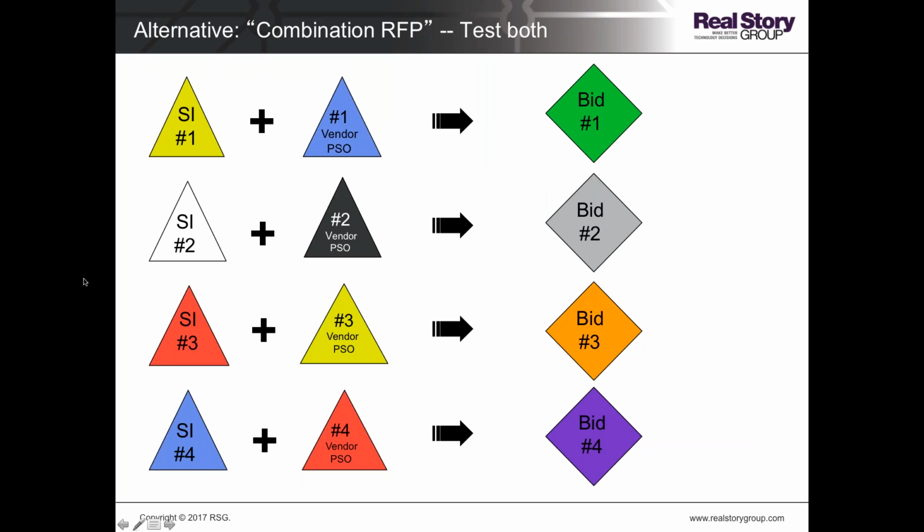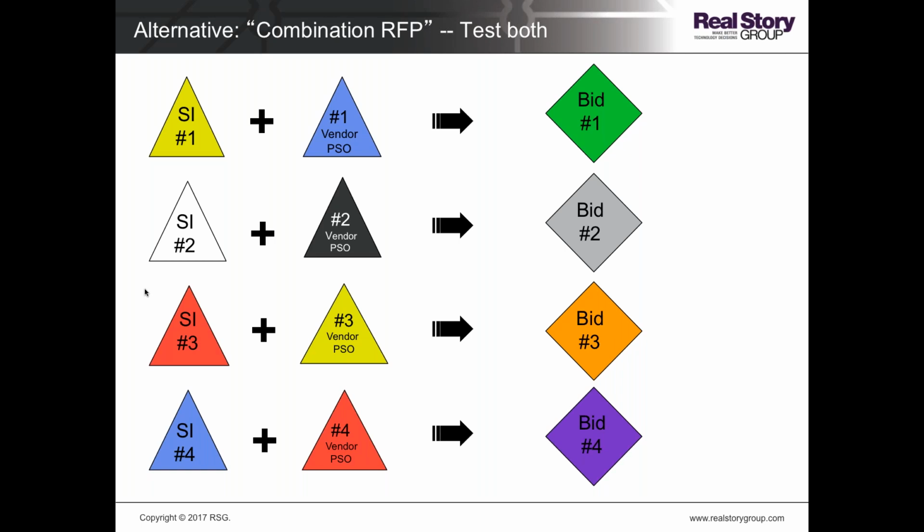So more often than not, in large, complicated situations especially, we're seeing what we call a combination RFP, where you are not only testing the vendor and the technology and the professional services that they offer, but you're also looking at a systems integrator at the same time. So instead of doing these as two separate RFP engagements, rather you're sending an RFP to the vendor and saying, hey, we recognize that we need help.